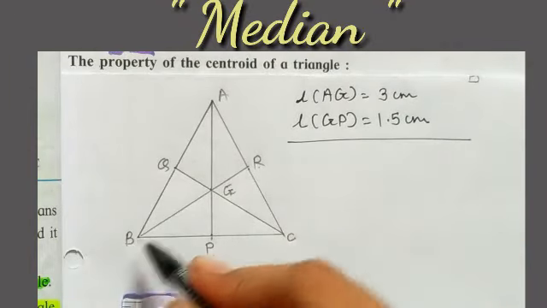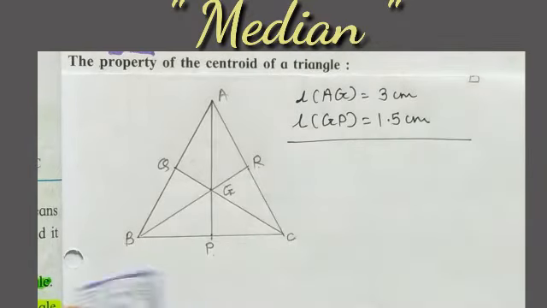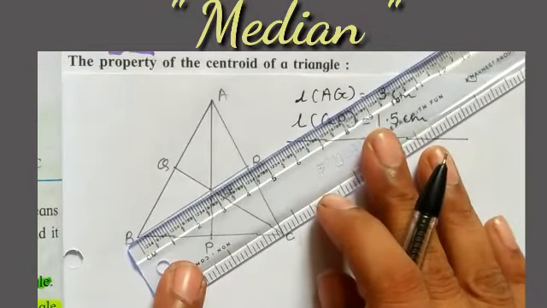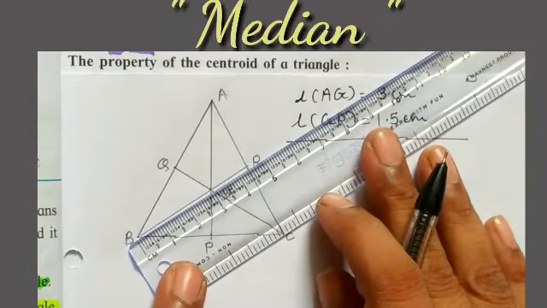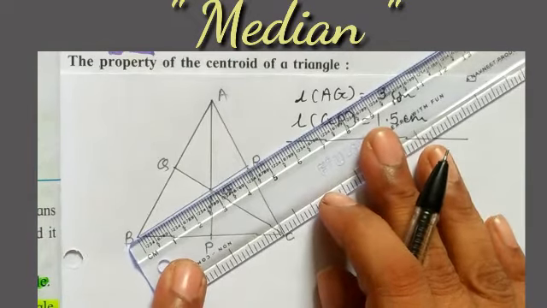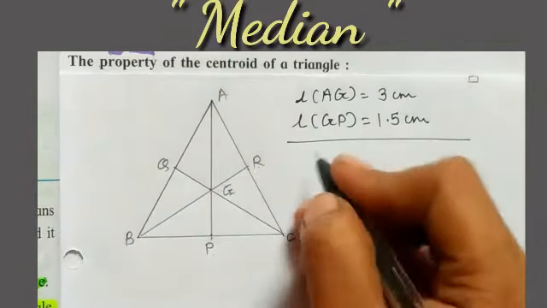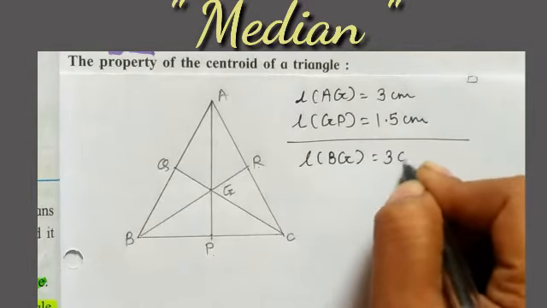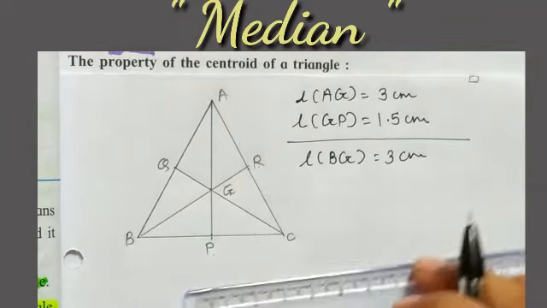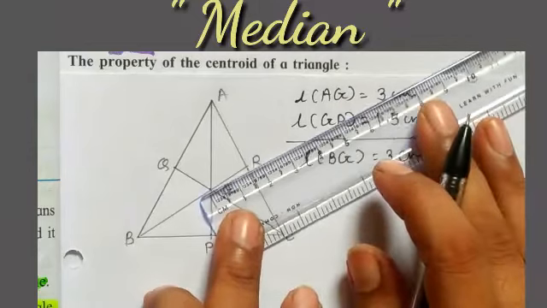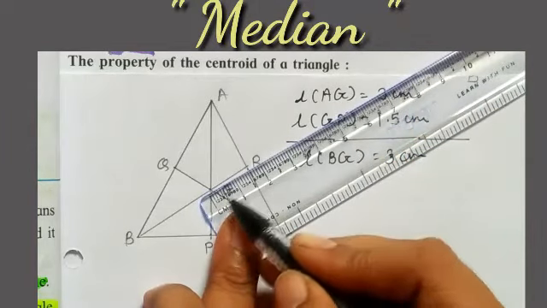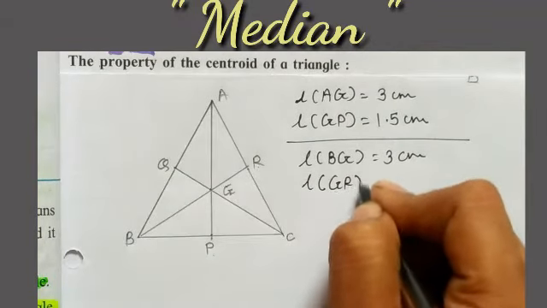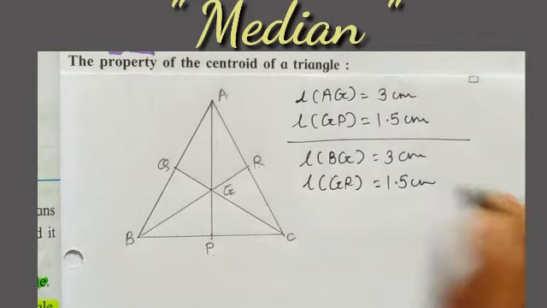If you think about the median BR, then the length of BG is also 3 centimeter, and the length of GR, 1 and then 0.5, is also 1.5 centimeter.